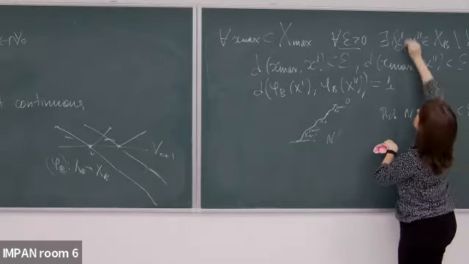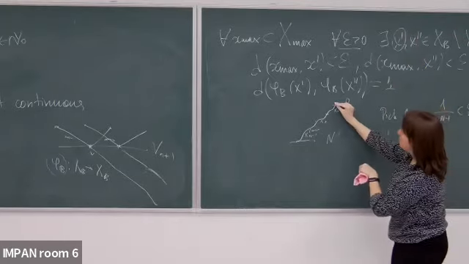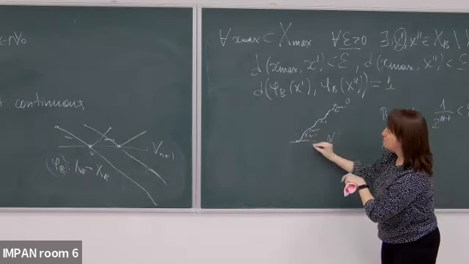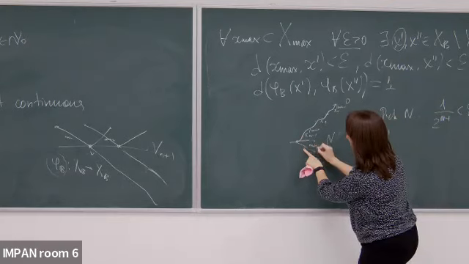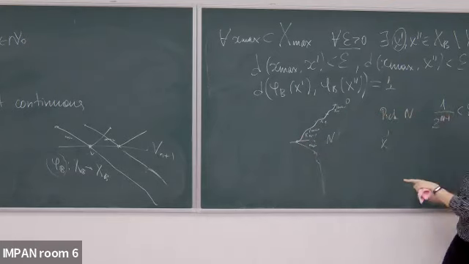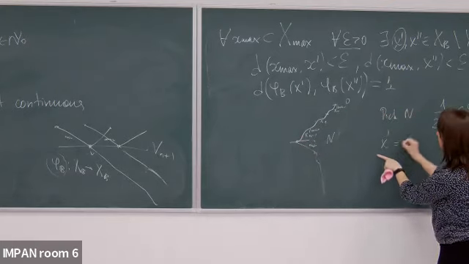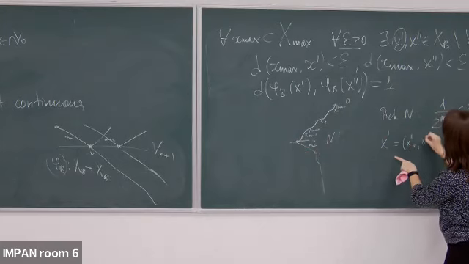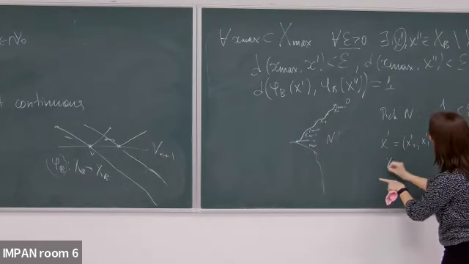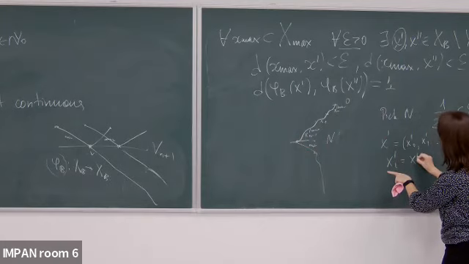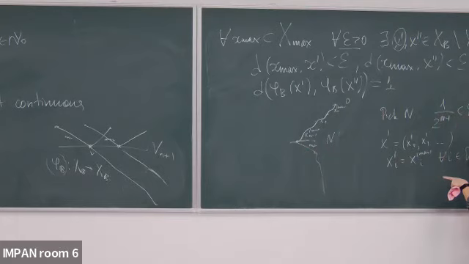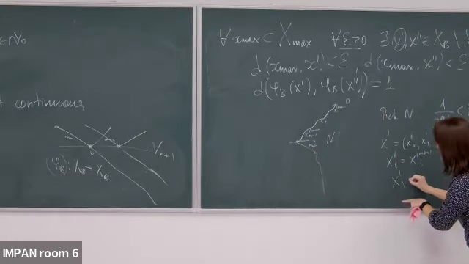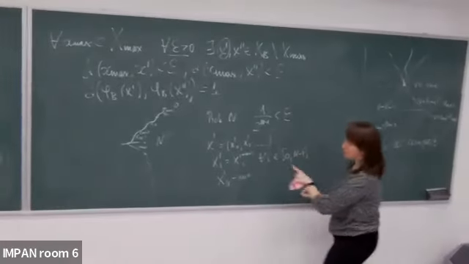Now we choose x'. So x' follows the maximal path up to level n, then it goes along the minimal path, and then in an arbitrary way. So we have x'_i equal to the maximal edge x_i for every i from 0 to n-1, and x'_n is a minimal edge.